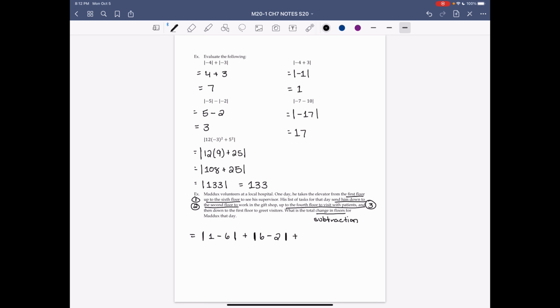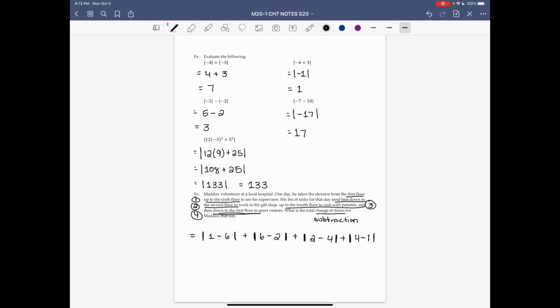That would be our third absolute value. From floor number 2 to floor number 4. And finally, he goes from 4 down to the 1st floor to greet visitors, which is our fourth absolute value. He goes from 4 down to 1.